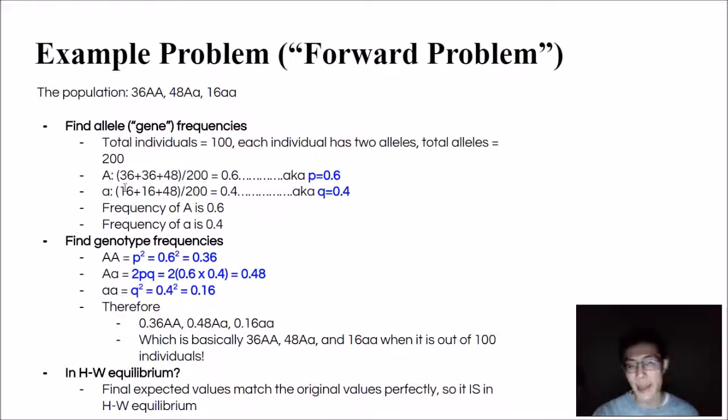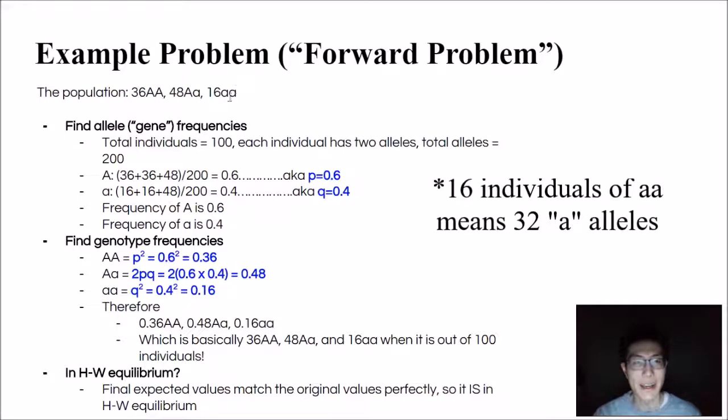The same thing happens for little a. You have 16 little a little a, and then 48 big A little a. How many little a's are there in total? Remember, 16 individuals have 2 little a alleles. That means in total, you have 16 plus another 16.